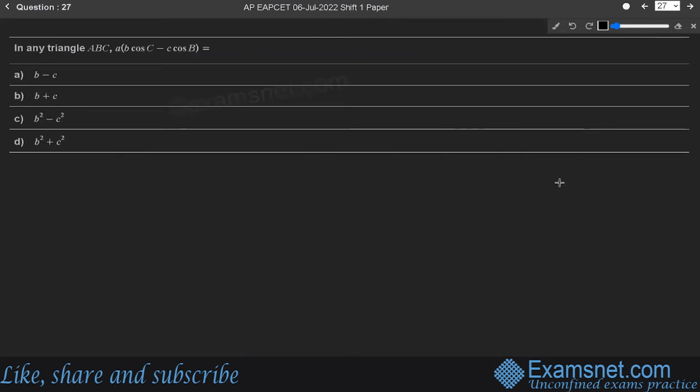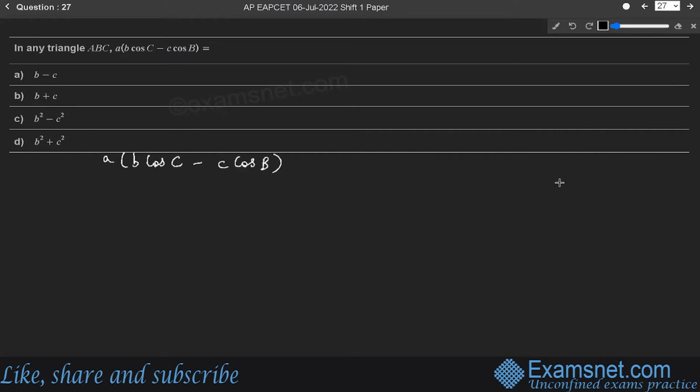Next question is also a very, very interesting question. In a triangle ABC, a (b cos C minus c cos B) is equal to. So we have to calculate the value for a (b cos C minus c cos B).